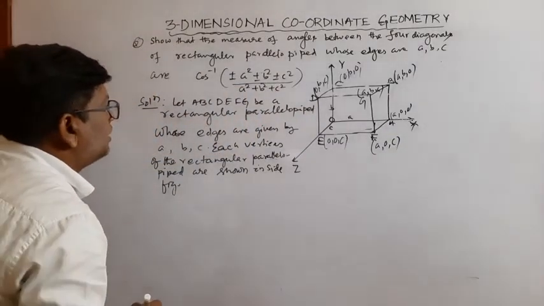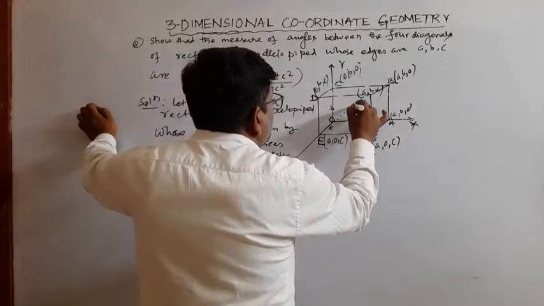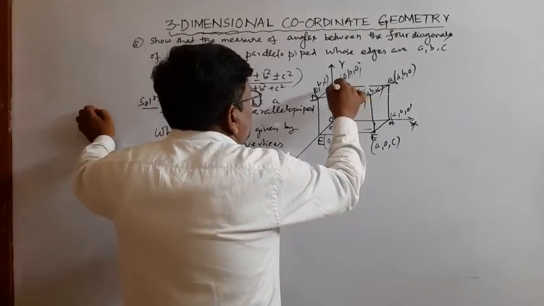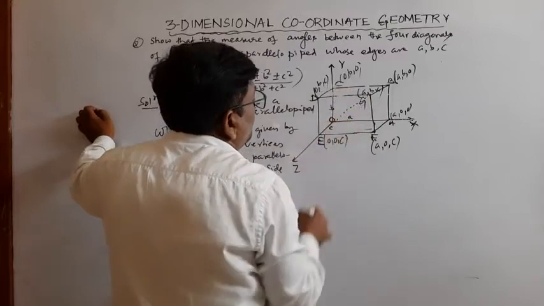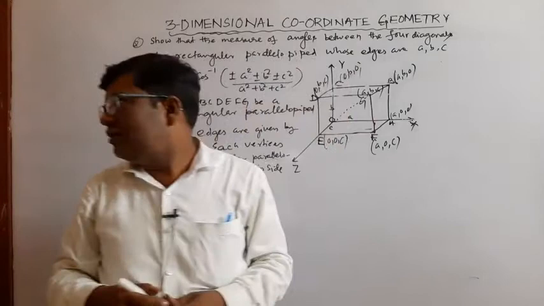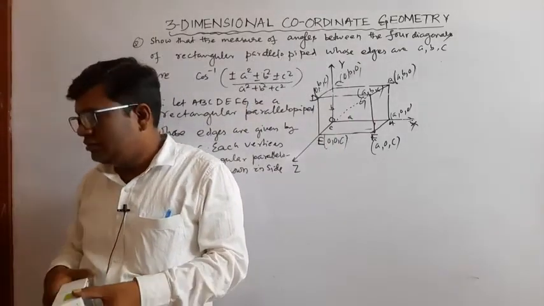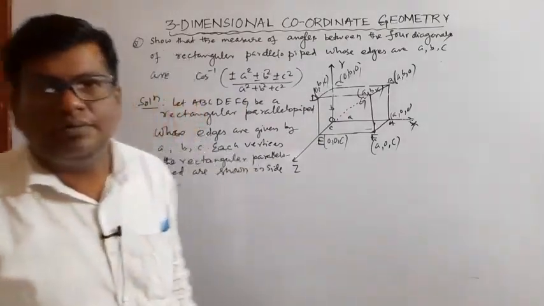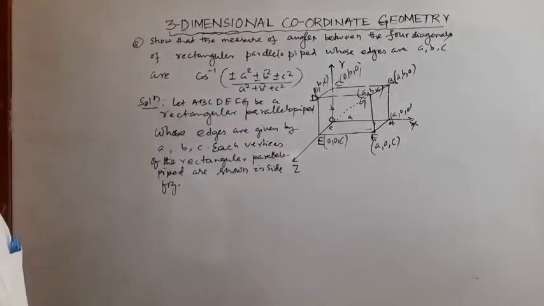Here the diagonals are OG and so on. This is suppose the figure. One minute, let's discuss by looking at the figure.